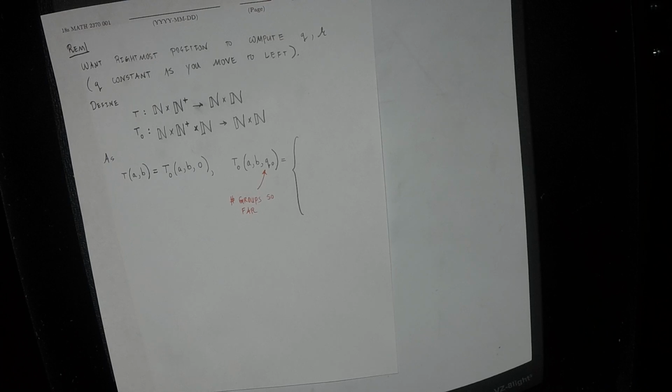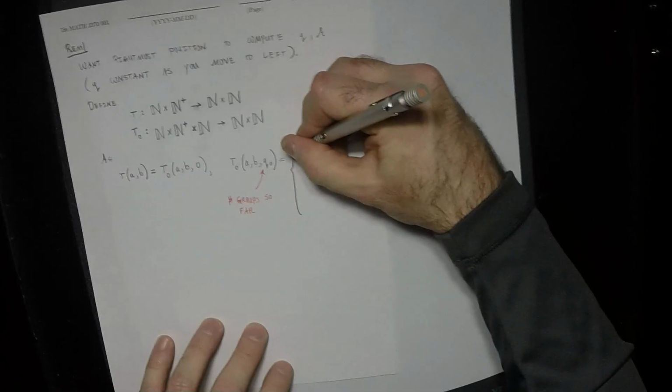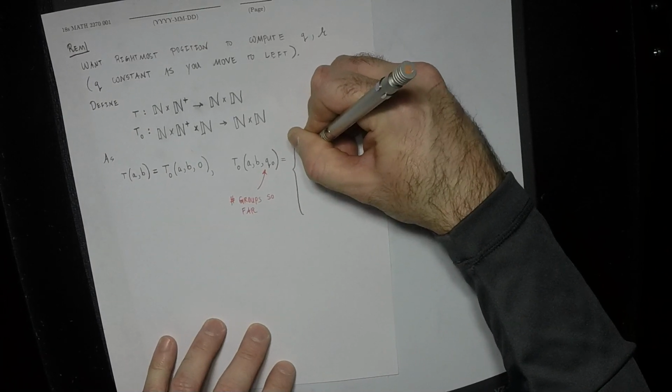When A is less than B. That is to say, you look in the bucket, you're trying to make groups of size 4, and there's only 3 left. You can't make any more. So in such a case, what is the quotient and the remainder?